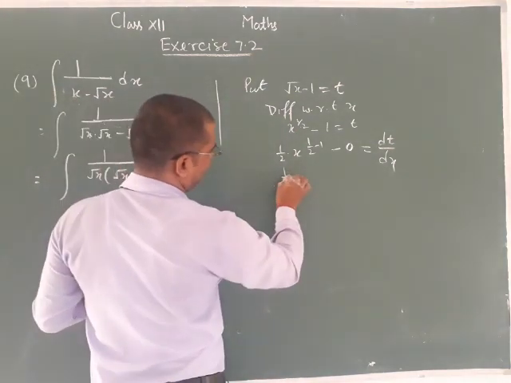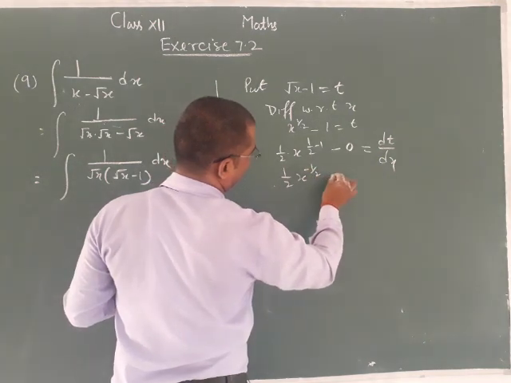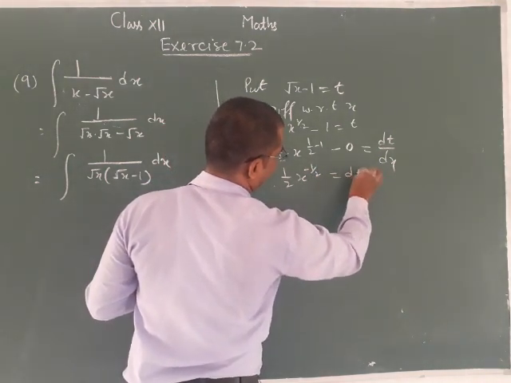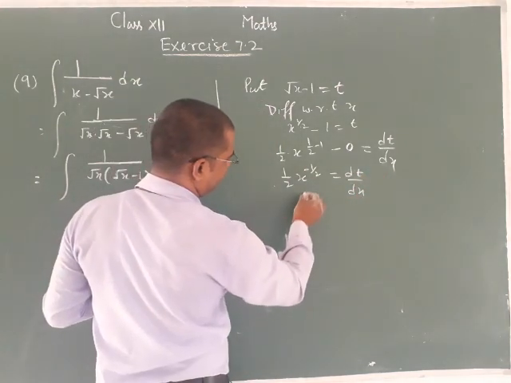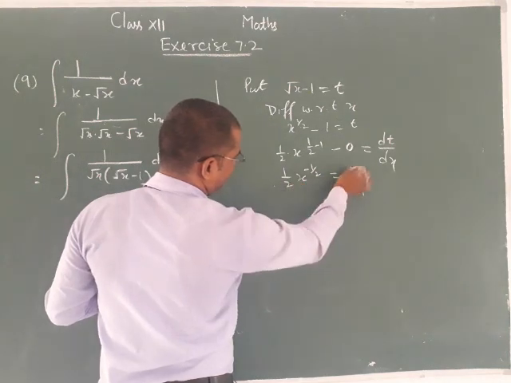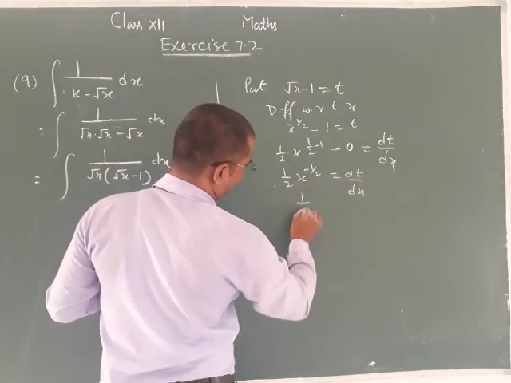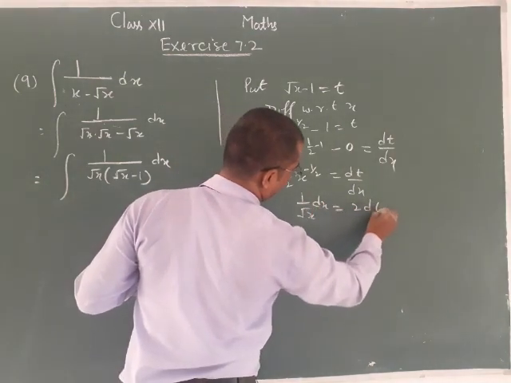So 1 upon 2 x to the power minus 1/2 is equal to dt upon dx. So we can write 1 upon root x dx is equal to 2 dt.